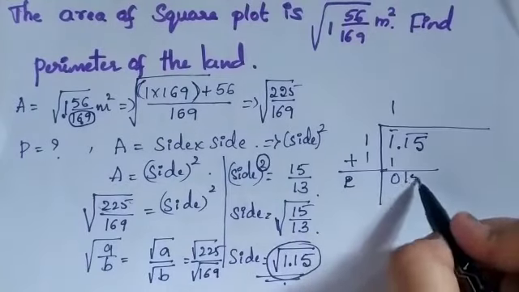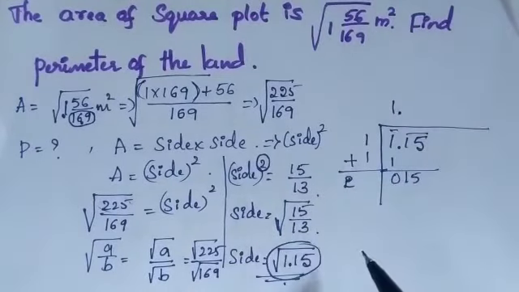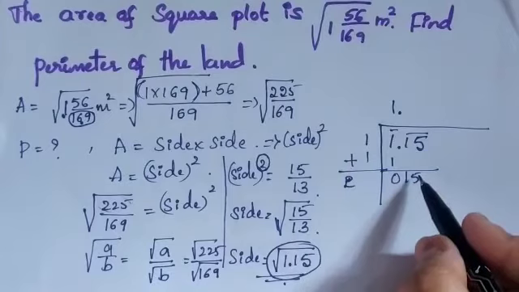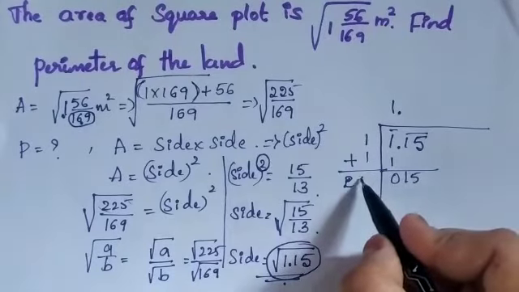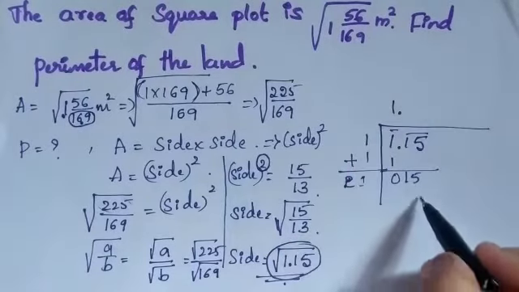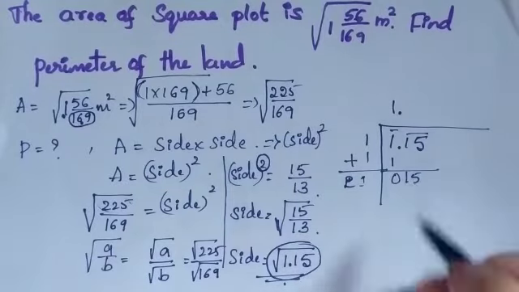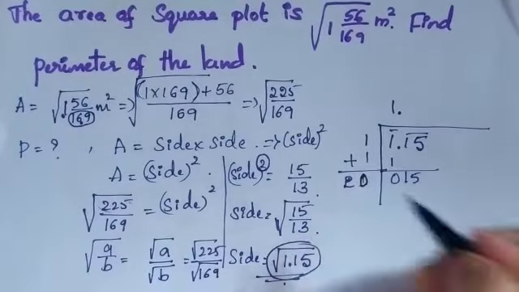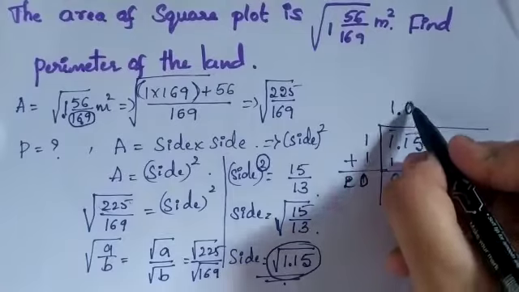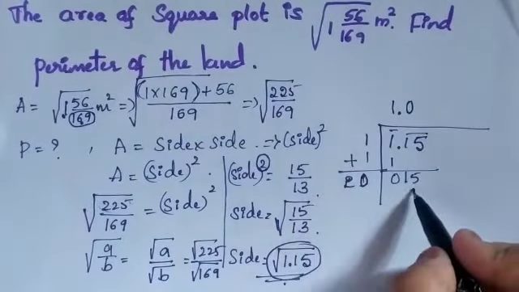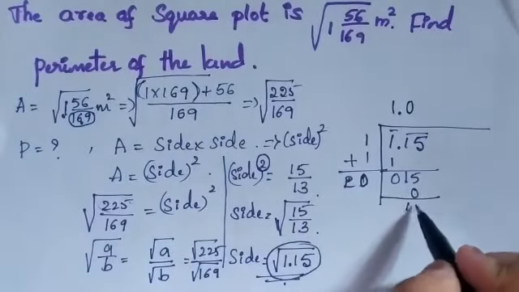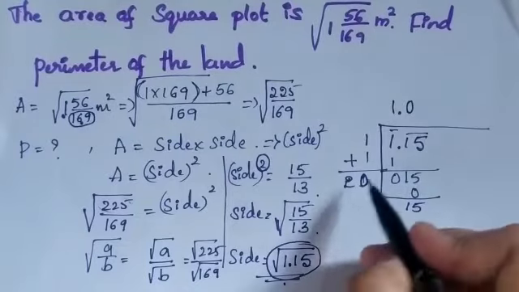Then 15 directly, and I have to put the point here. I can't multiply by 1 because 21 ones are 21, and 21 is greater than 15. So 20 zeros are 0, and as it is, I can take 15 downwards.